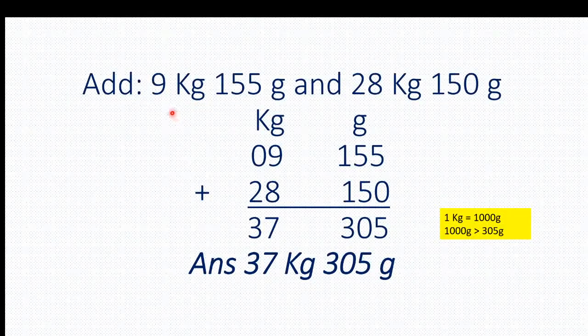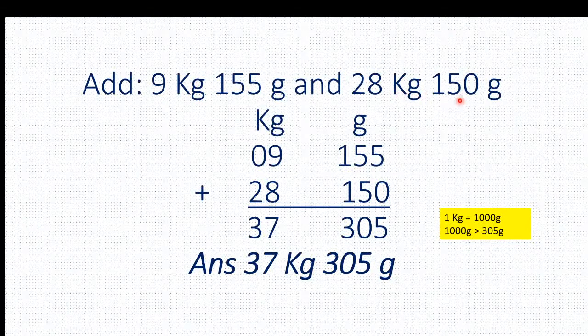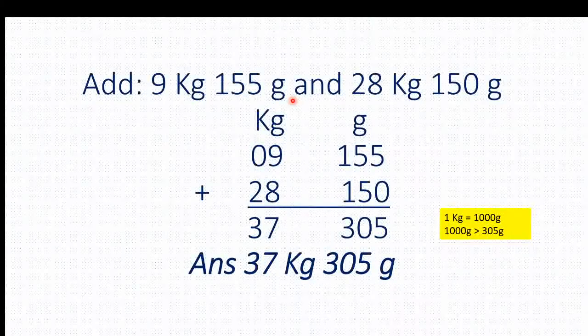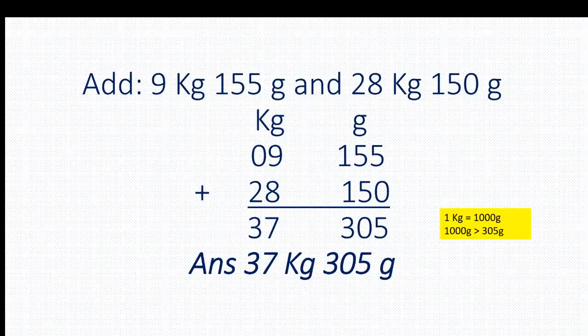Look here children, add 9 kg 155 gram and 28 kg 150 gram. We have to do addition. You can see this 9 kg 155 gram is your first addend and 28 kg 150 gram is your second addend.